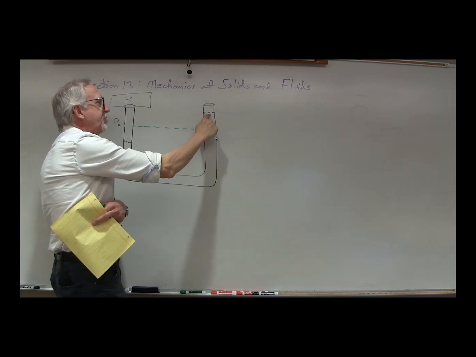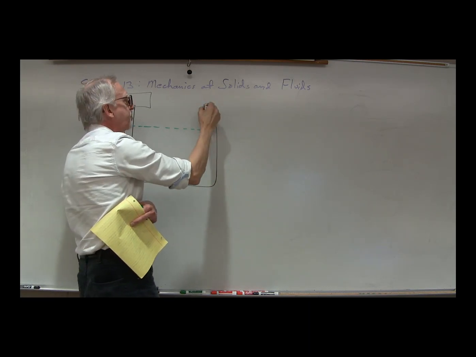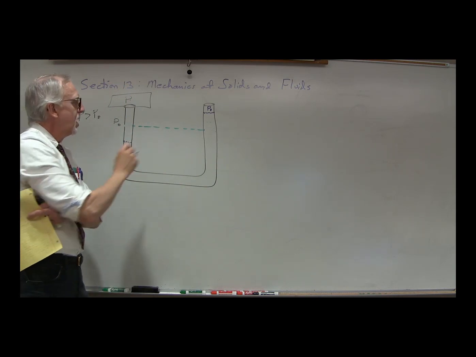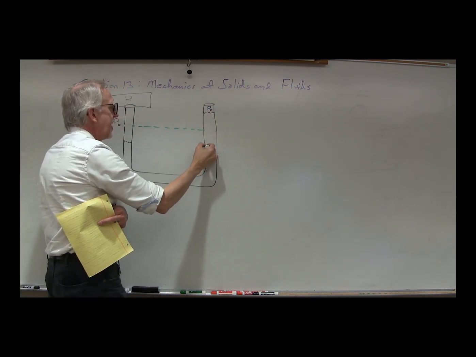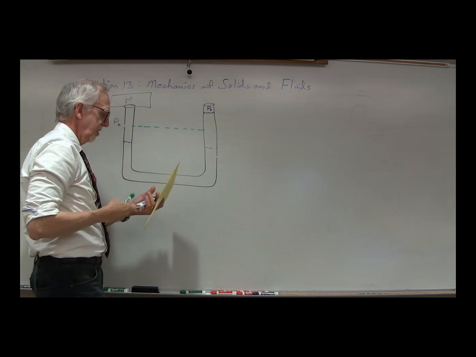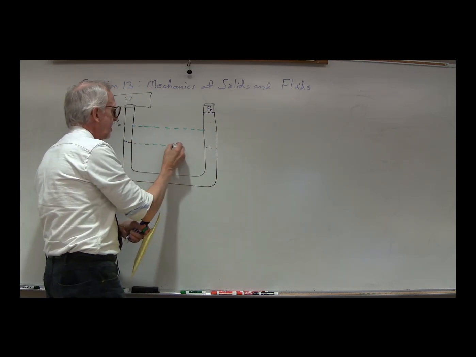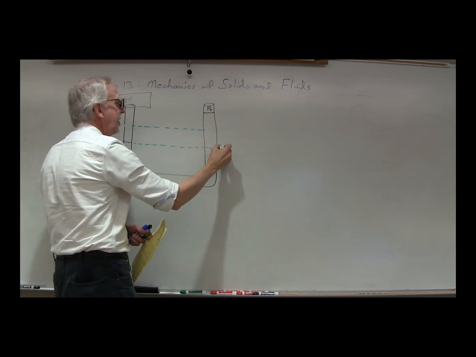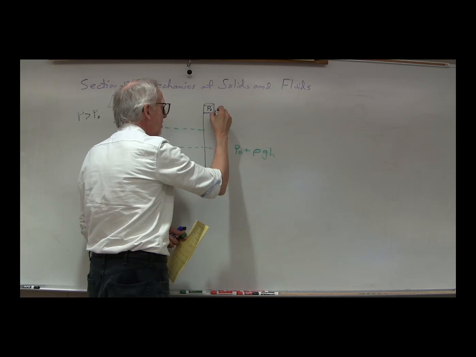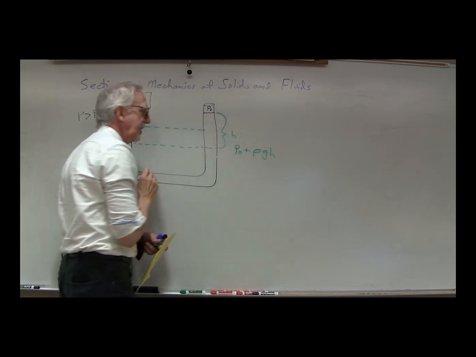Now, we know that the pressure at the top, because this is still open, the pressure up here is still atmospheric pressure, P0. If we come down an amount to this height, the pressure down here must be P0 plus rho gh, where this is some height h.